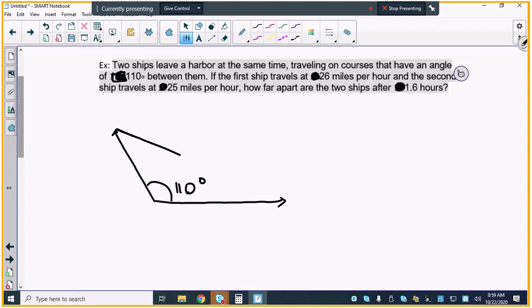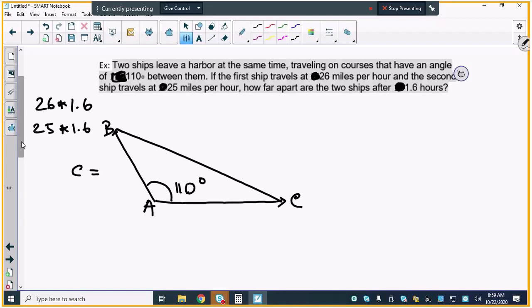Okay, so this is what I want to find out. Again, call them A, B, C as a triangle. So the first ship was moving at 26 miles per hour for 1.6 hours, and the second one was moving 25 miles per hour for 1.6 hours. What are these 2? So if you consider the side AB, the distance traveled by the first ship, then side C is equal to however much 26 times 1.6 is.